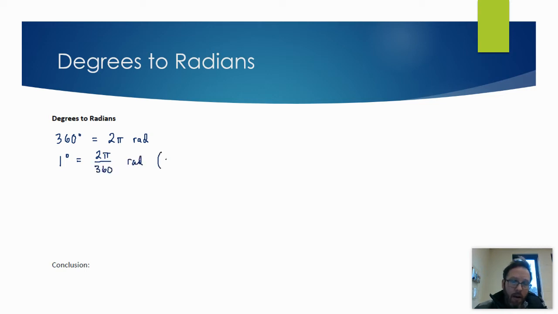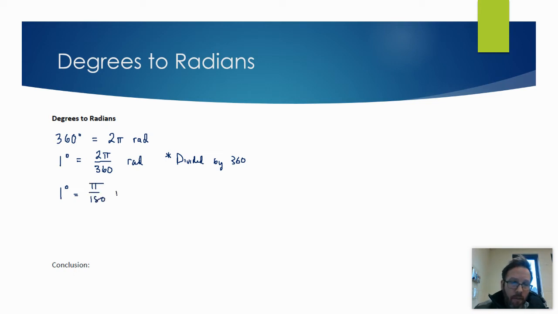Here we just divided by 360, and then we simplified that. 2 pi over 360 simplifies to pi over 180.